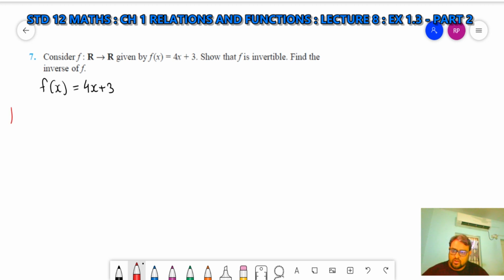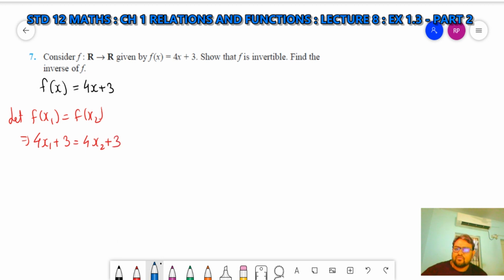So for one-one, let f(x1) equal f(x2). So what does that imply? 4x1 plus 3 equals 4x2 plus 3. The 3 will get cancelled, so 4x1 will be equal to 4x2.